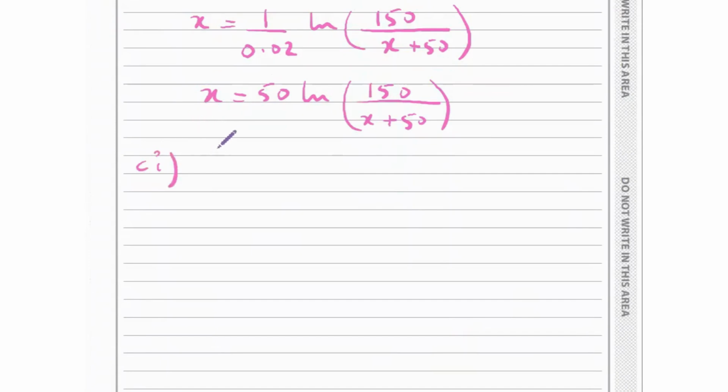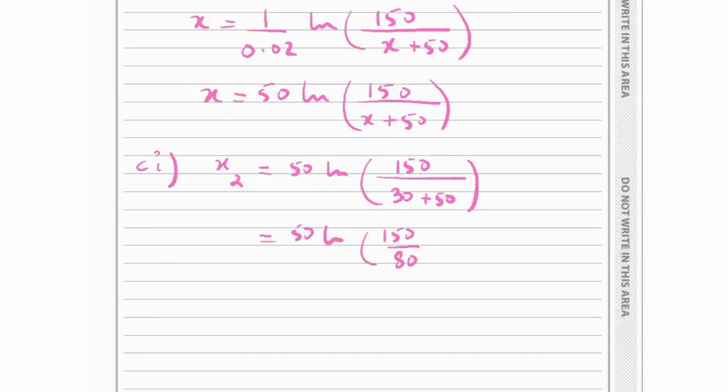So for this, x2 is going to be 50 ln of 150 over x1, which is 30, plus 50. That's going to be 50 ln 150 over 80, which is 31.43. And for the second part, we're going to do repeated iteration till we get the same value.